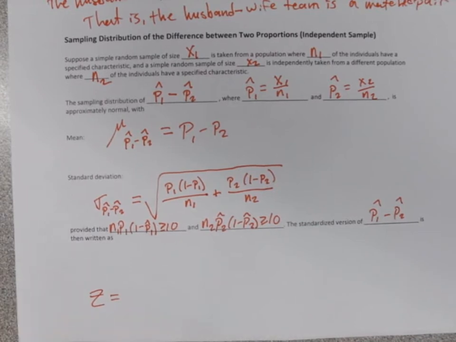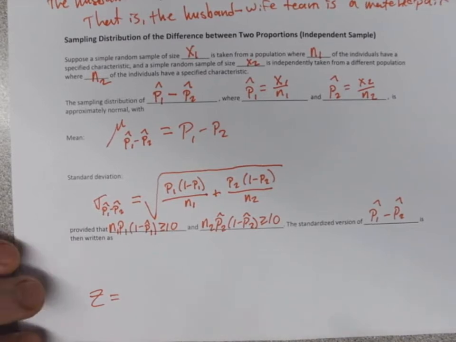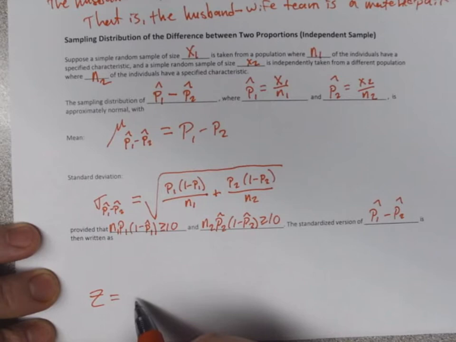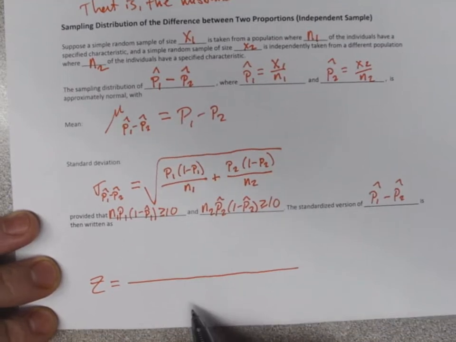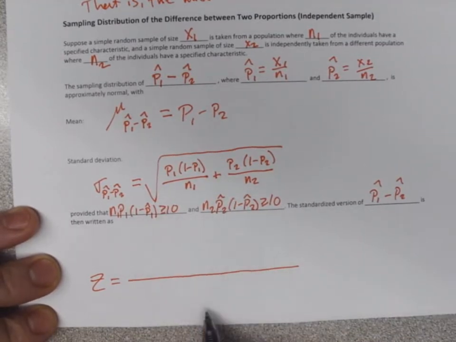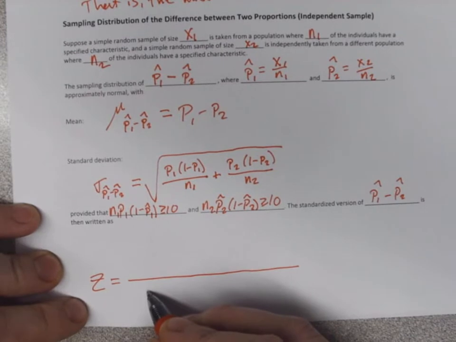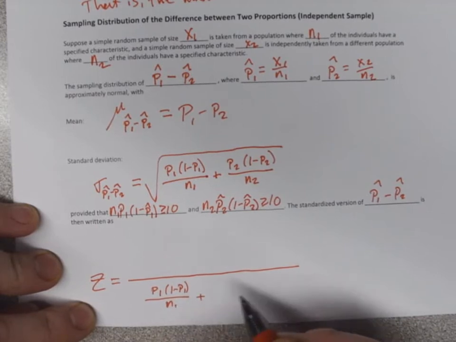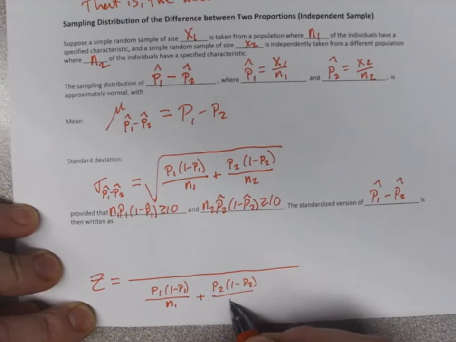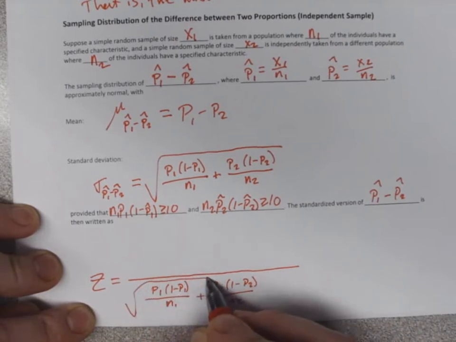This is quite big also, so this is another thing you probably want to watch and then pause. Remember the standard deviation is always on the bottom, so that big thing goes down here. So I'll go ahead and write that in first. And then the square root of all that.